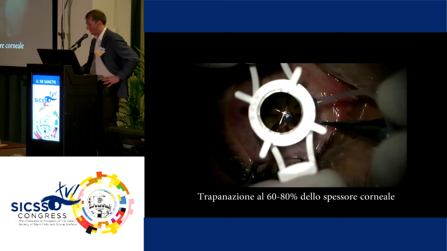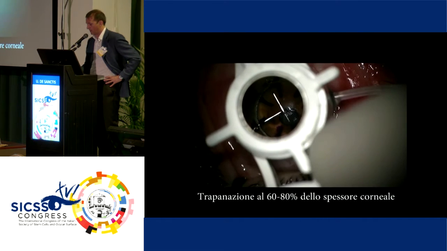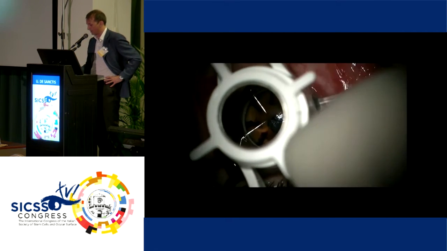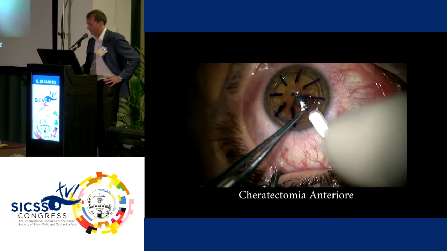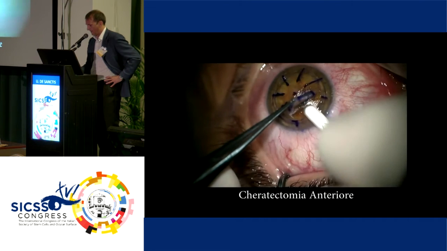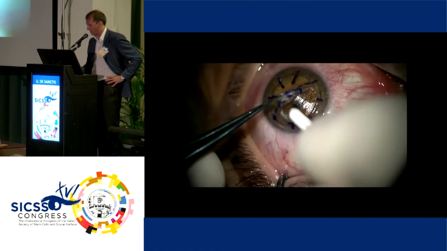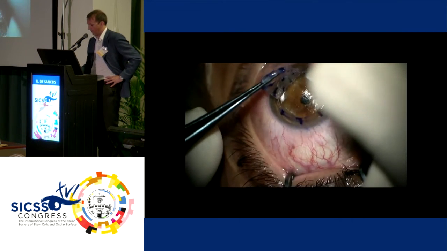And this is my video, trephination with an Esper Barron manual trephine, you see. Then there is anterior keratectomy, as described in the original technique by Tan and Mehta. 50% of the stroma is removed.